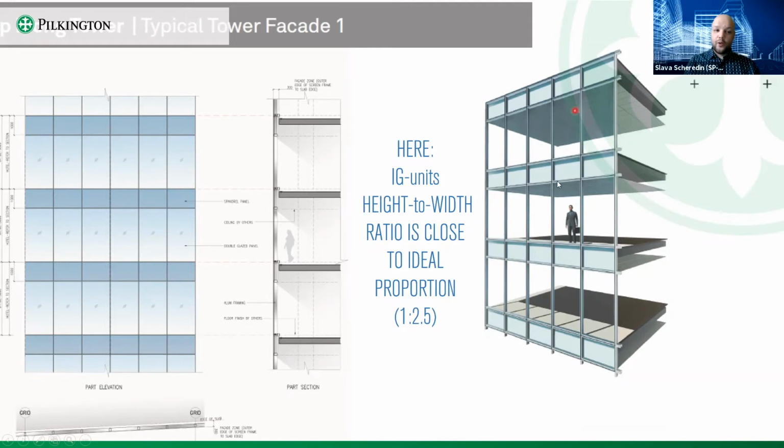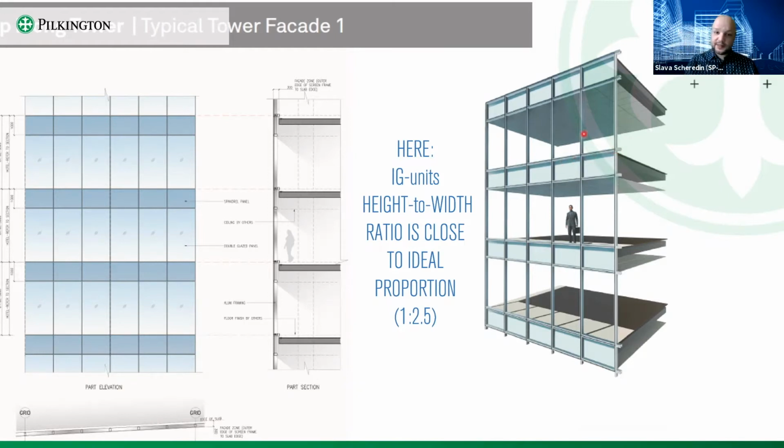Here, all of the IG units are rectangular. Transparent zone is long, is high, and enameled zones are positioned crosswise, but they all maintain this ratio of sides of IG unit.